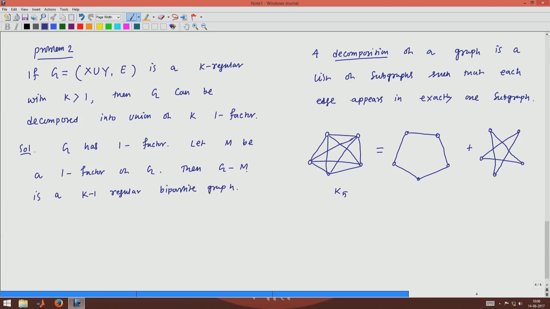G minus M means you remove all the edges in M from G, then the k regular graph will become a k minus 1 regular bipartite graph.